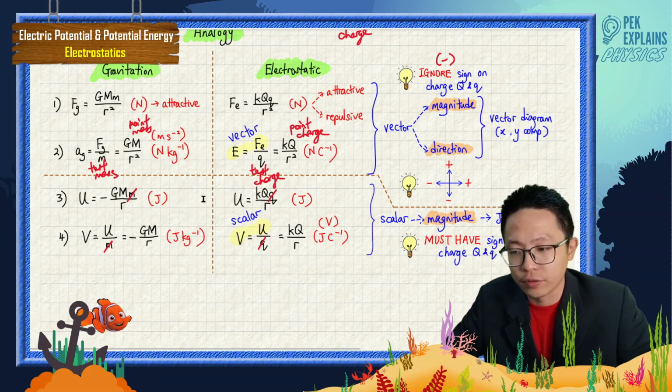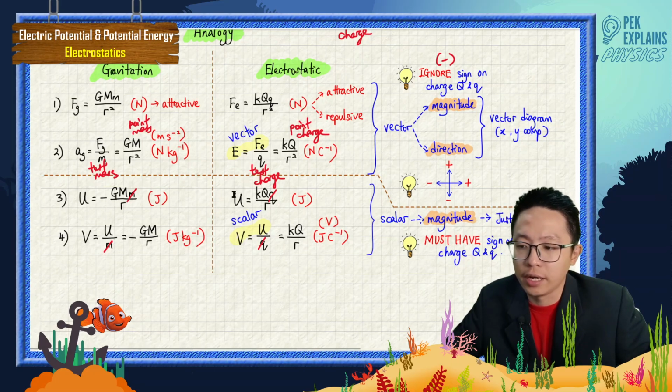Now I want you to look at the units. Gravitational potential energy and electric potential energy both have the same unit, joule. Gravitational potential is potential energy per unit test mass, so its unit is joule per kilogram.